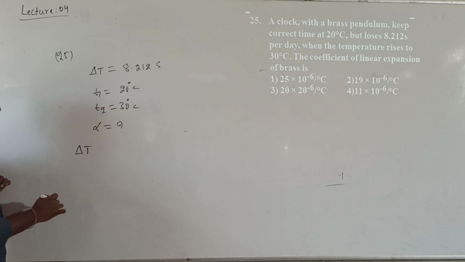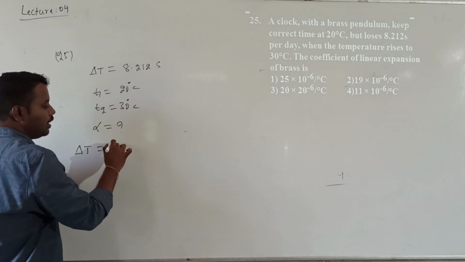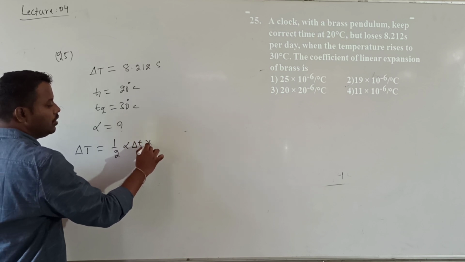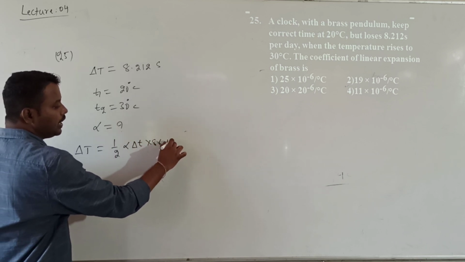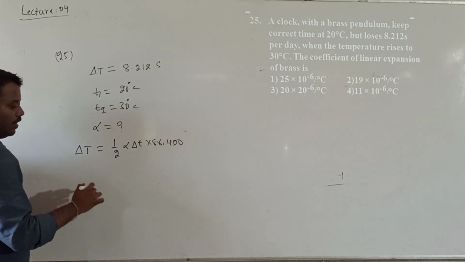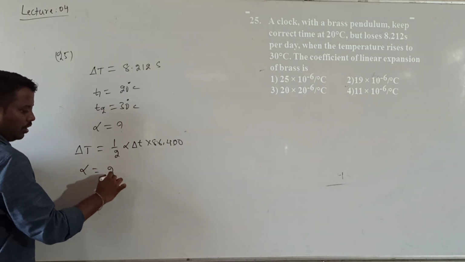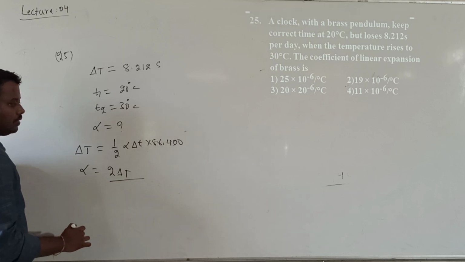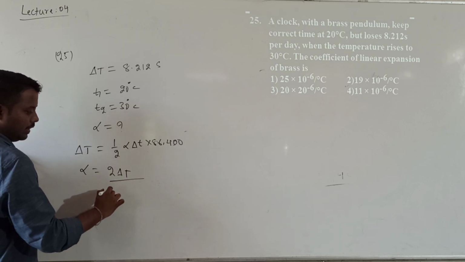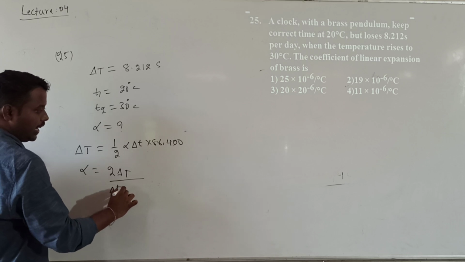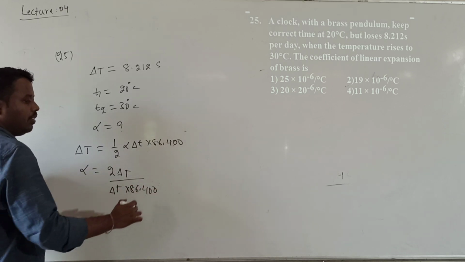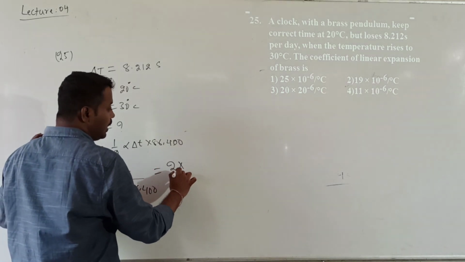Yesterday in class we studied, the time loss per day is given by 1/2 into alpha into delta T into 86,400. This is per day. So alpha is given by 2 into delta t divided by delta T into 86,400.